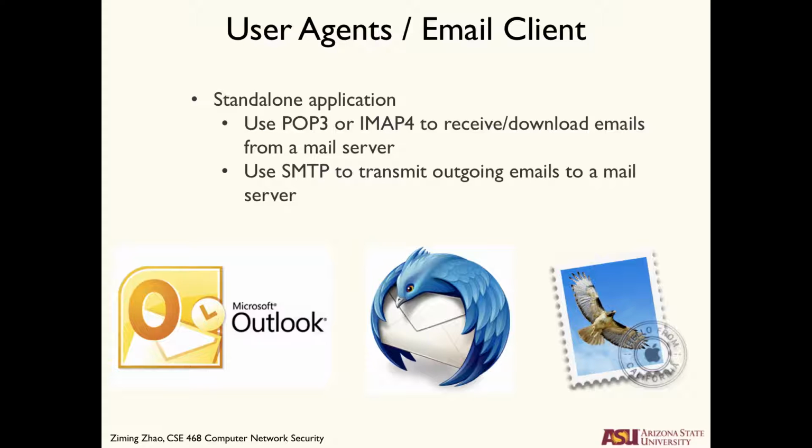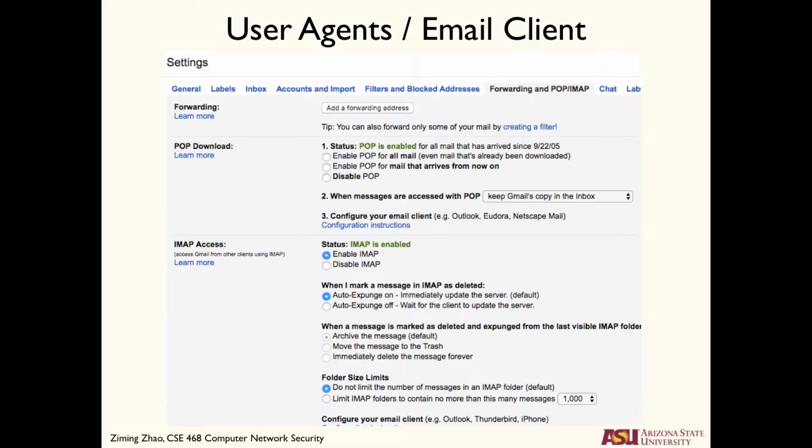If you want to use those standalone applications, you have to set up your email account to support either POP3 or IMAP protocol. So if you are using Gmail and you want to use Outlook to retrieve emails from your Gmail account, you have to go to your Gmail account settings, and you can find that there are settings for POP download and IMAP access.